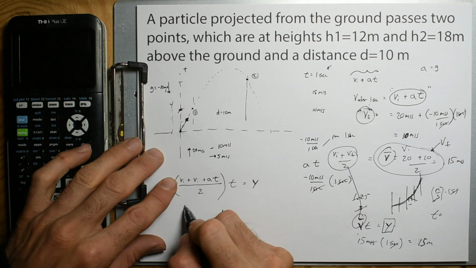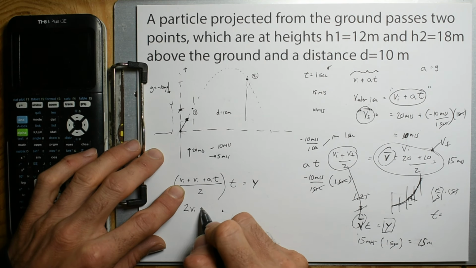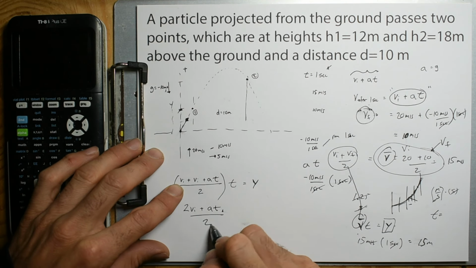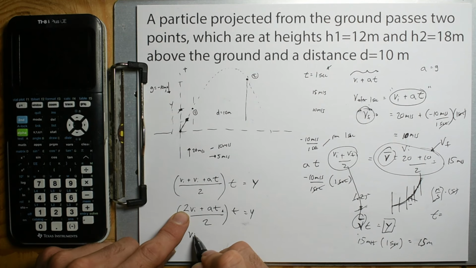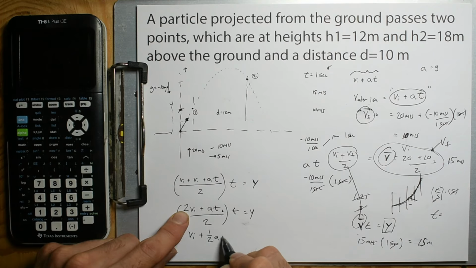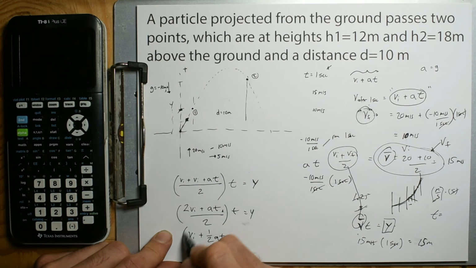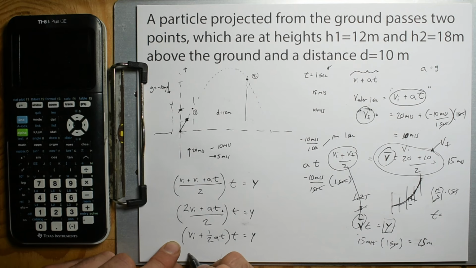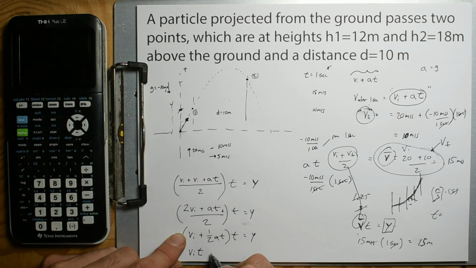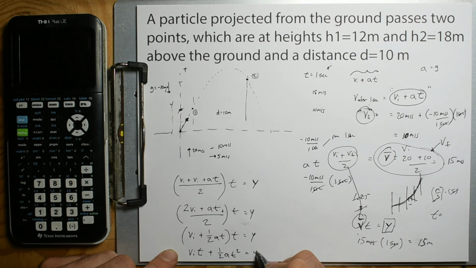And so this is 2vi plus AT divided by 2 times t is equal to y. This is going to be vi plus 1/2 AT, all times t is equal to y. And so this is vi t plus 1/2 AT squared is equal to y.